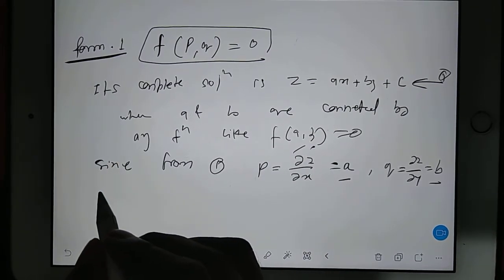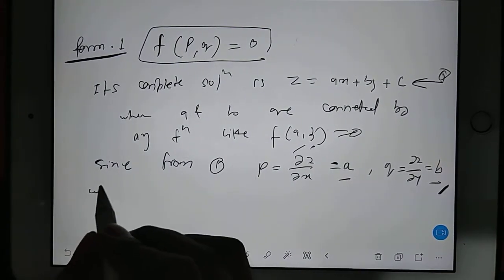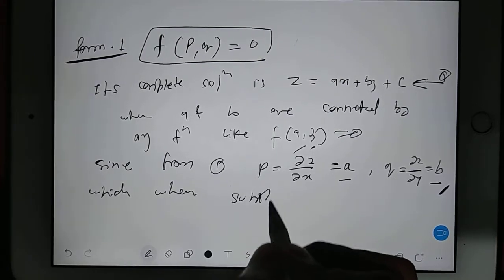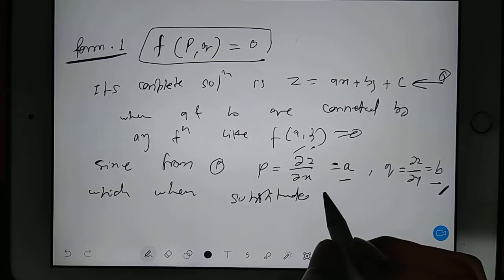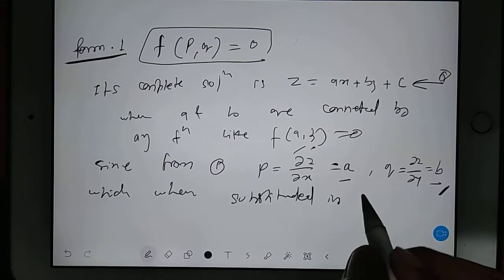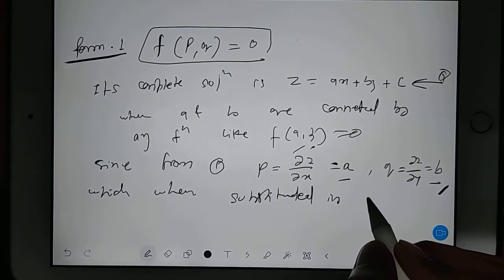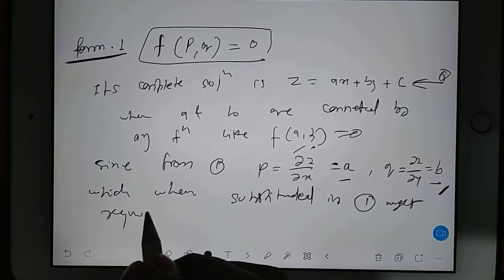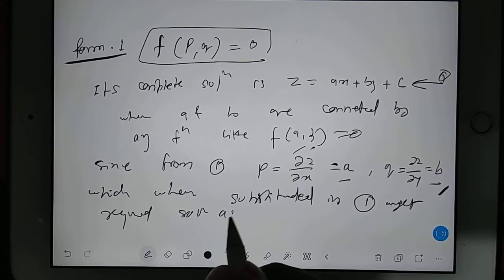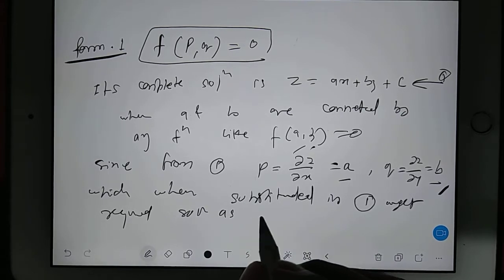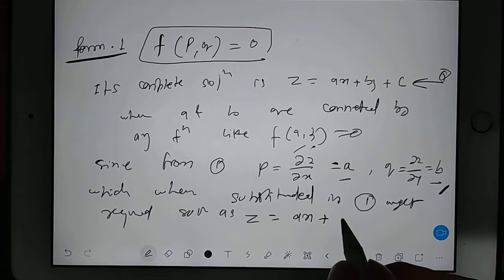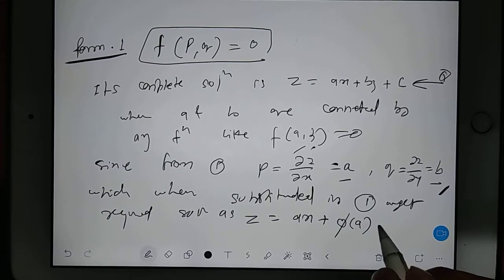For that you write the statement as: which when substituted in 1, we get the required solution as z = ax + φ(a)y + c, a function of a with y, plus c.